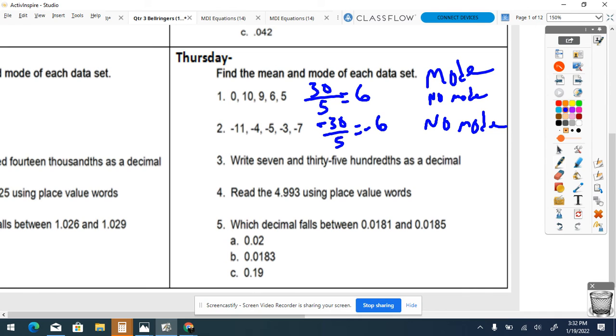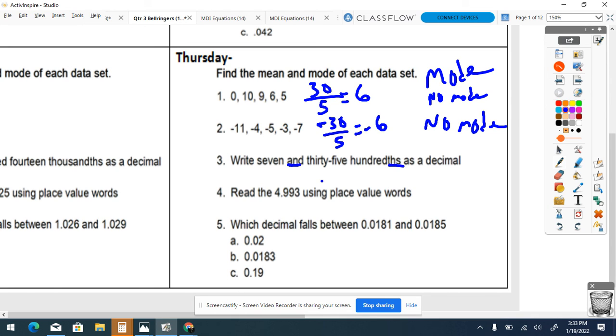And number 3, write 7 and 35 hundredths as a decimal. All right, so I have 2 keywords in here. I see the word "and" and hundredths. So go ahead, pause the video, see if you can write that out as a decimal. All right, so my first keyword was the word "and," so I know "and" is a decimal.